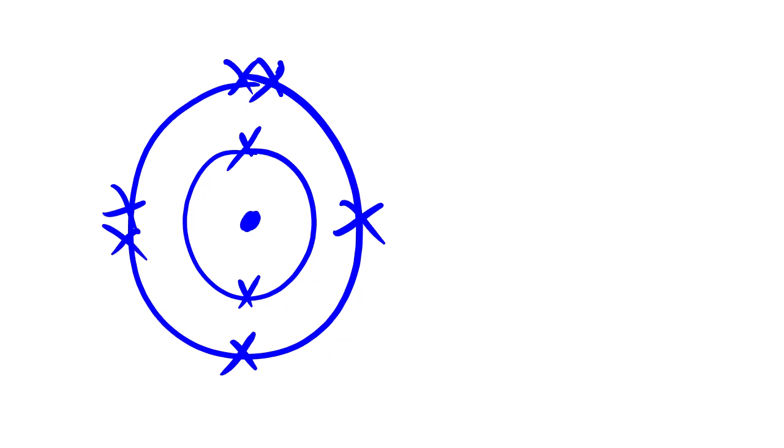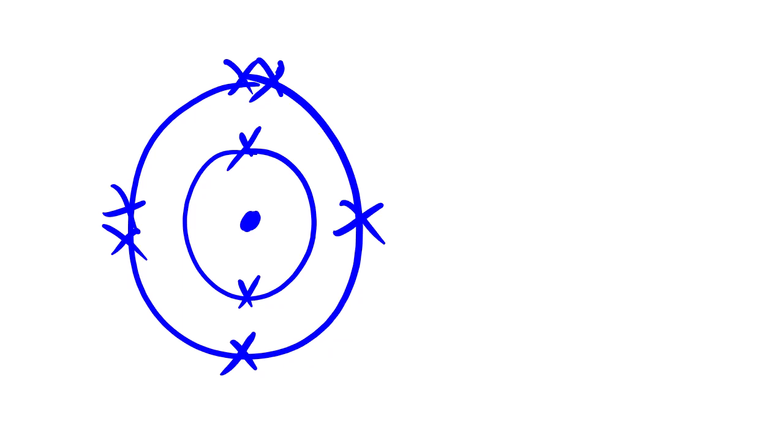Let's say this is the nucleus, this is the innermost shell, and this is the outermost shell for oxygen. We have 2 here, then 1 2 3 4, this is 4. Oxygen has 6 electrons in the outermost shell, so 1 2 3 4 5 6, you have 6 here.